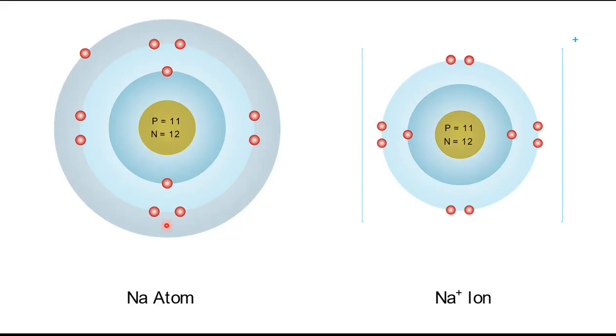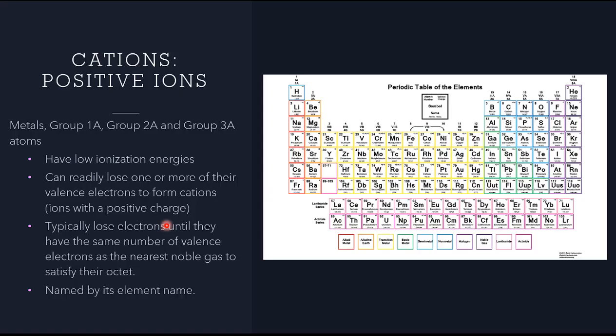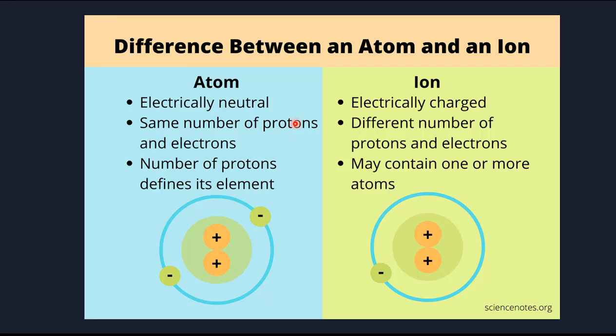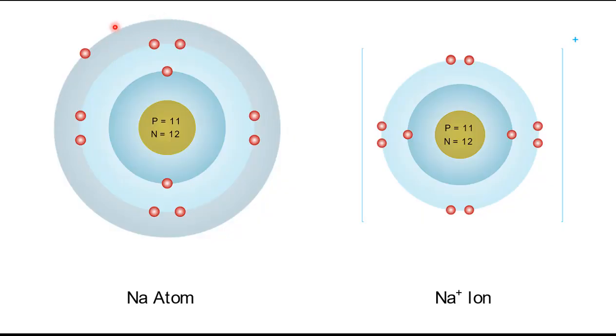So again, we can visualize what's happening here by looking at sodium. If we go back to the periodic table, we see that sodium is a group 1A element. It has one valence electron in the 3s orbital. So if we look back, here is our 3s orbital, or our third energy shell, in which sodium has one valence electron.